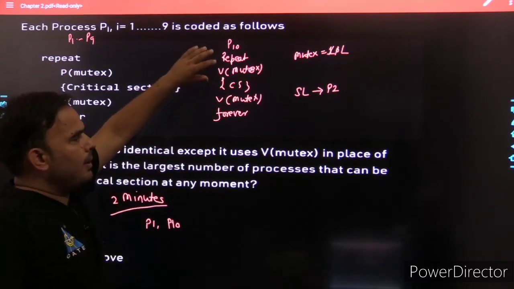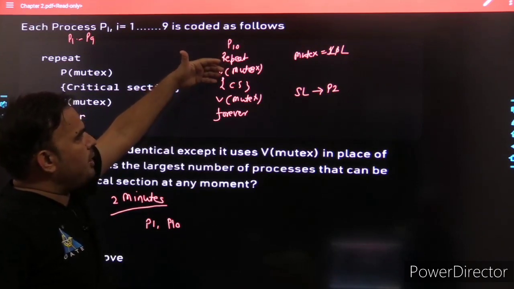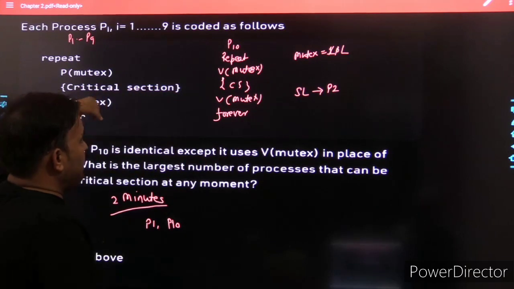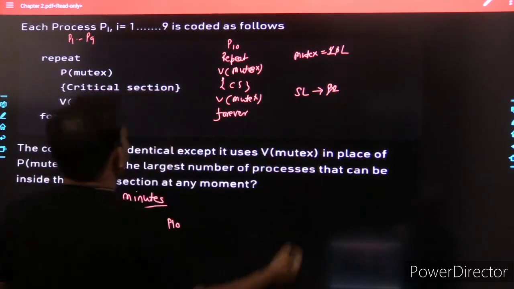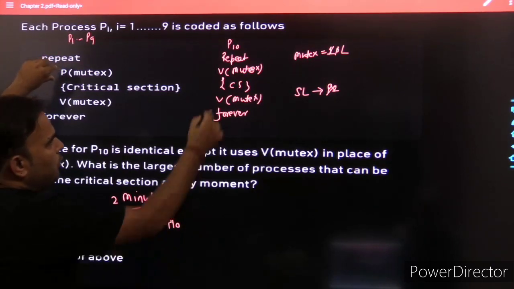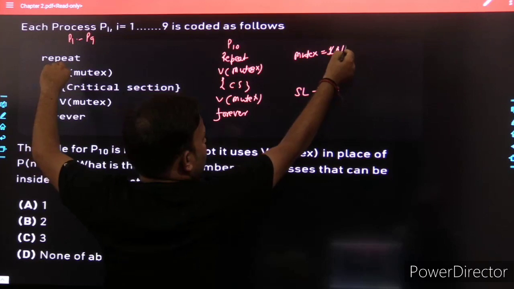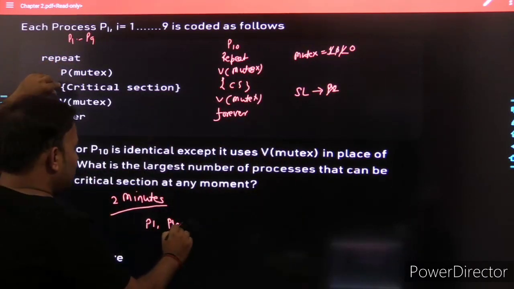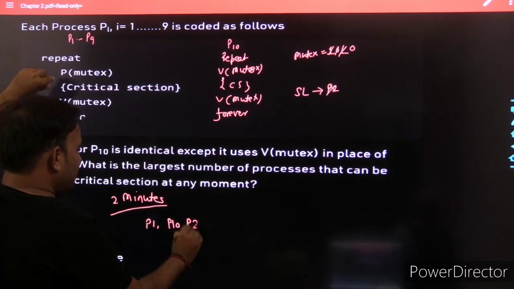One up operation will wake the process P2 from the suspended list. So P2 will try again. Yes, P2 can now perform the down operation on the mutex, because the mutex value is 1, and it can enter into the critical section.